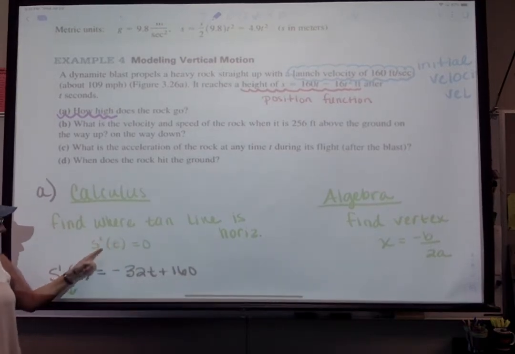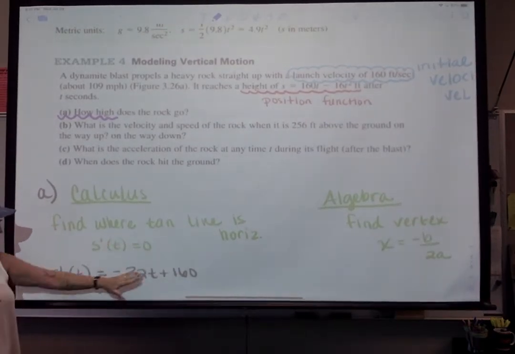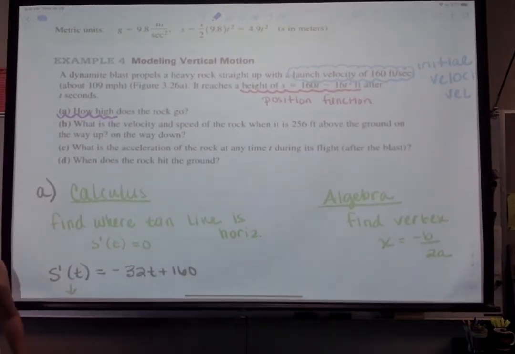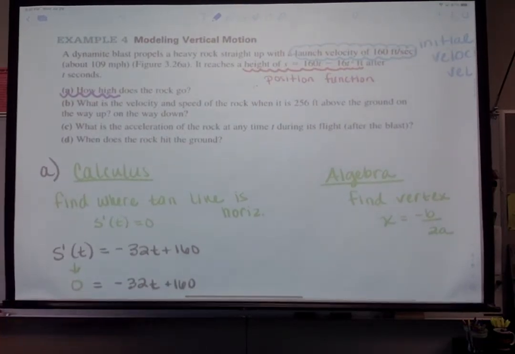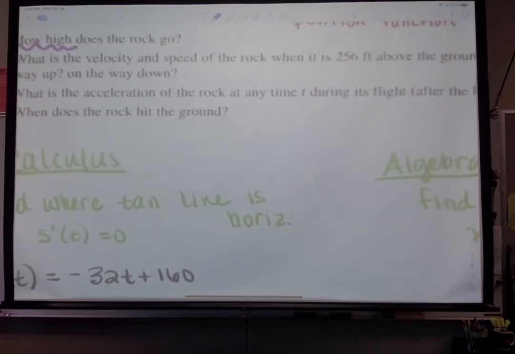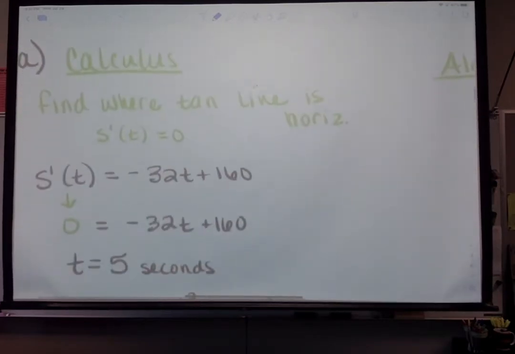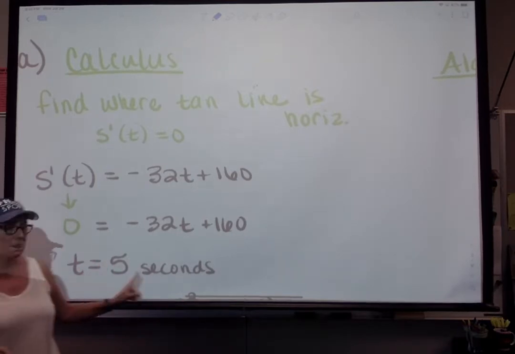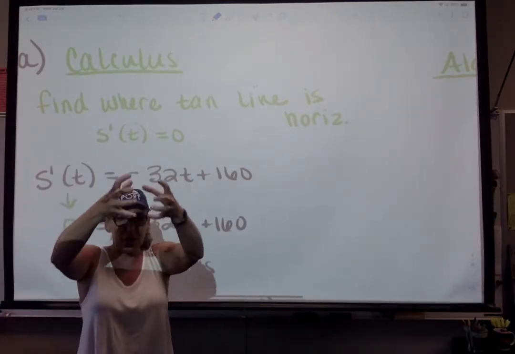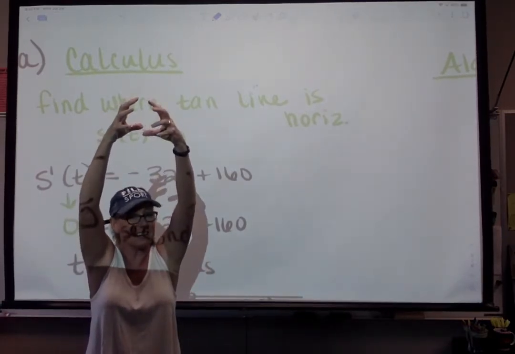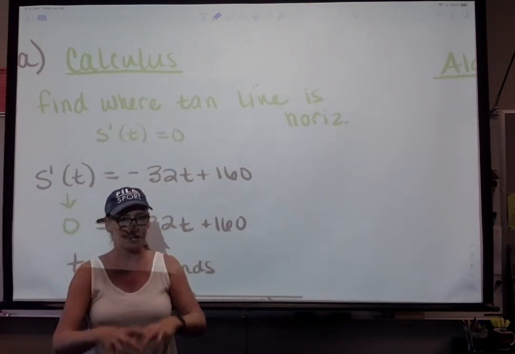I want to set my actual velocity, all of this, equal to 0. And then I solved it and I got 5 seconds. So, boom, the rock goes up, up, up. At 5 seconds, it just hung there for a moment before it started to fall back down.